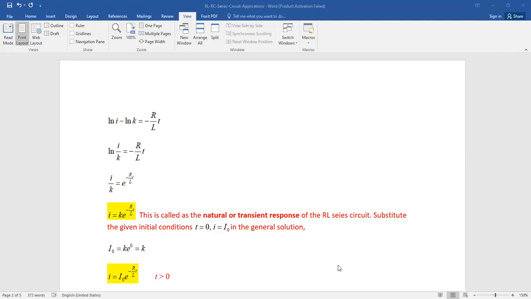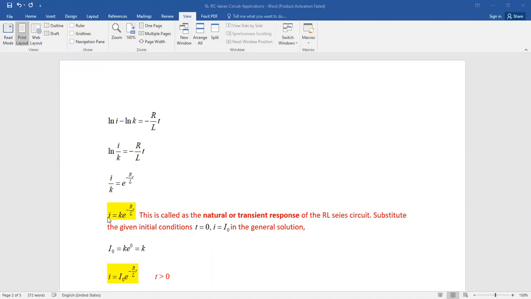So if the question is asking what is the transient response or what is the natural response of the RL circuit, this would be your equation. All you need to do is substitute the given initial conditions, 0 for initial time and I sub 0 for initial current. So if you place this one as I sub 0 and this one would be 0, this would be e raised to 0, which would be a 1.